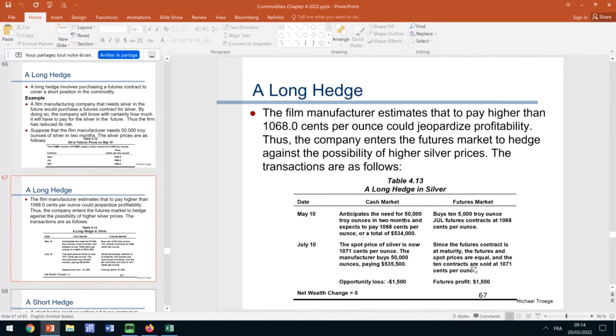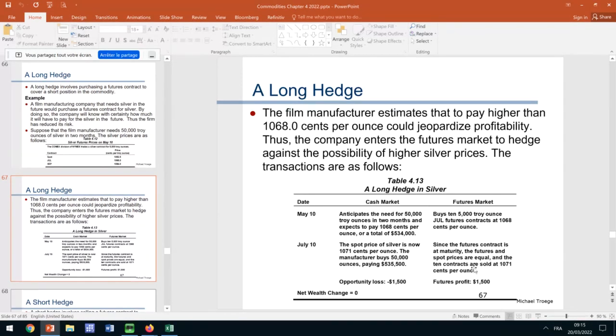And obviously, if you buy a futures contract, you are hedged against future price movements because you have locked in either the delivery of the commodity, or a contract that changes in value as the spot price changes, and the change in value of this contract will exactly compensate you for the changes in the spot price.